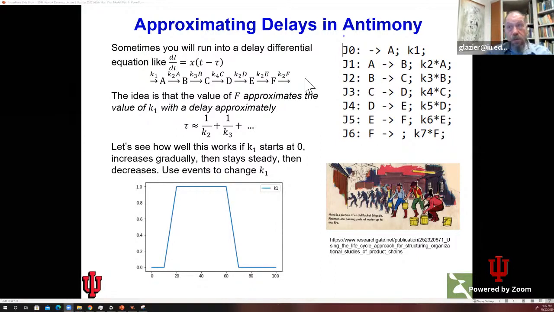We're going to have it stop at 1 for a while, and then it's going to go down again. And then we're going to see what happens to the value of F at the end of the stack, and ask the question, is F a reasonable approximation to K1 at some past time? Is that clear?